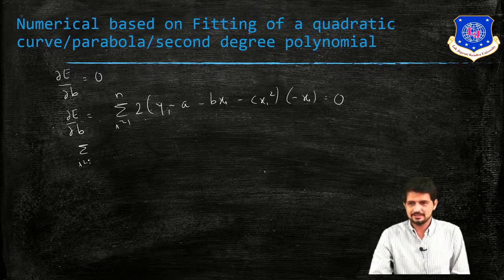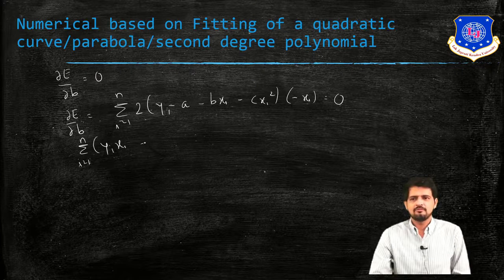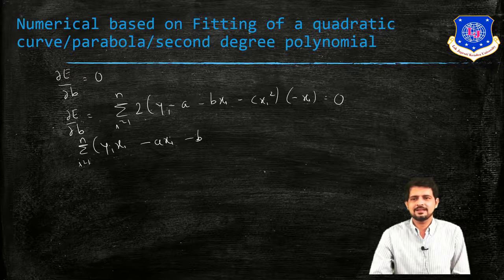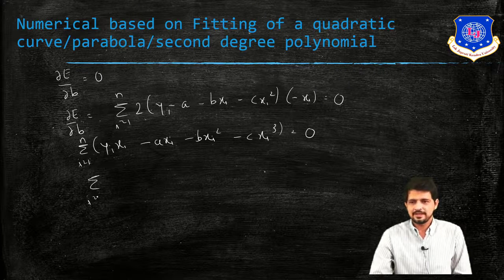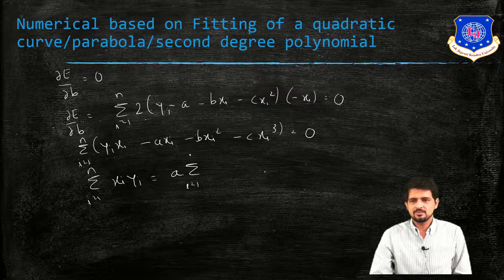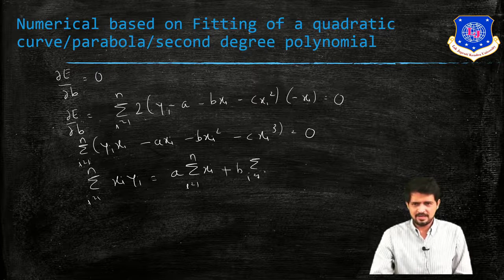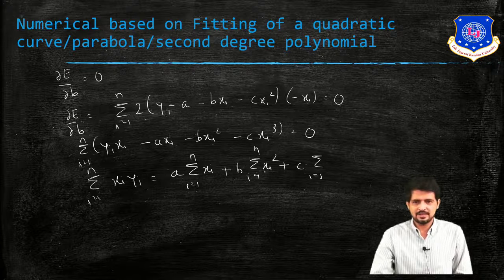So here I can write sigma i from 1 to n, yi xi minus a into xi minus b into xi square minus c into xi cube equal to 0. So taking the summation inside, a into sigma i from 1 to n xi plus b into sigma i from 1 to n xi square plus c into sigma i from 1 to n xi cube.